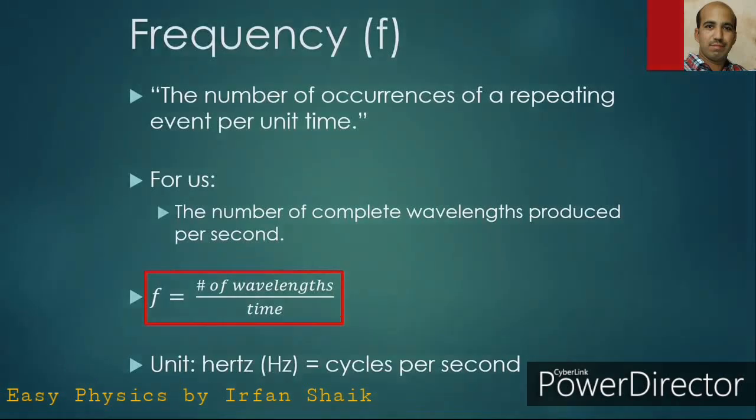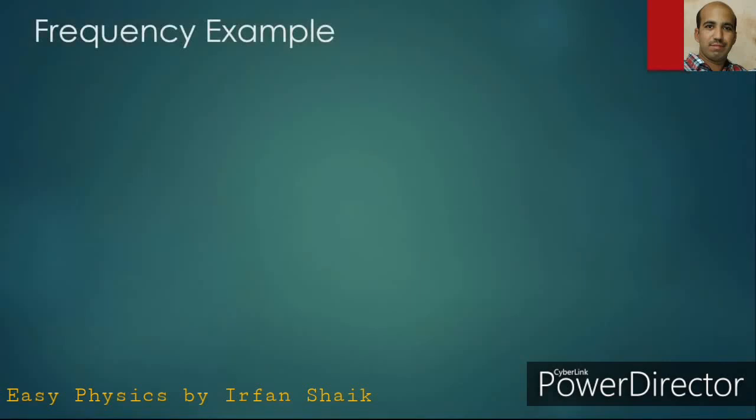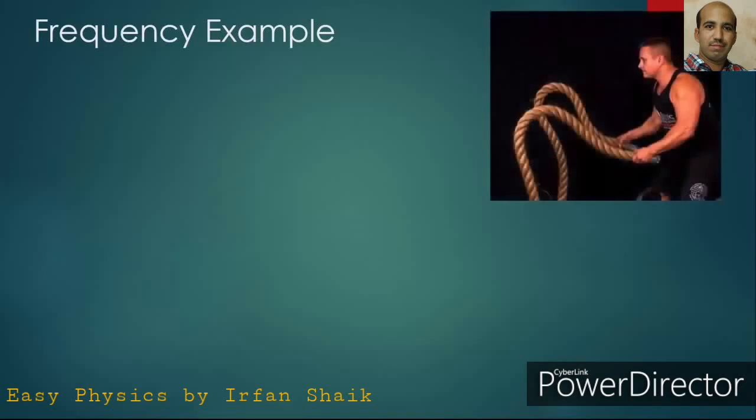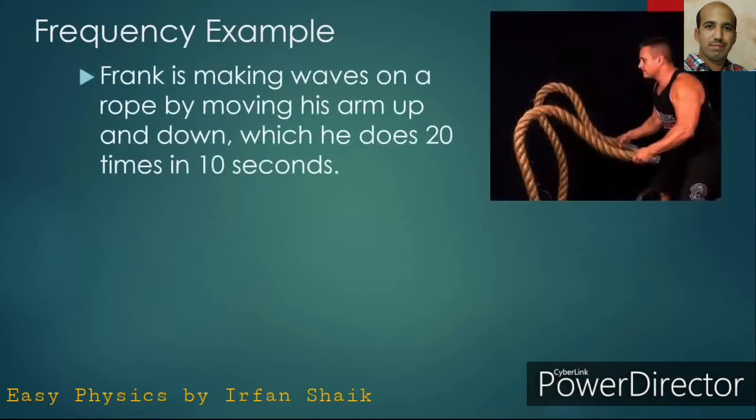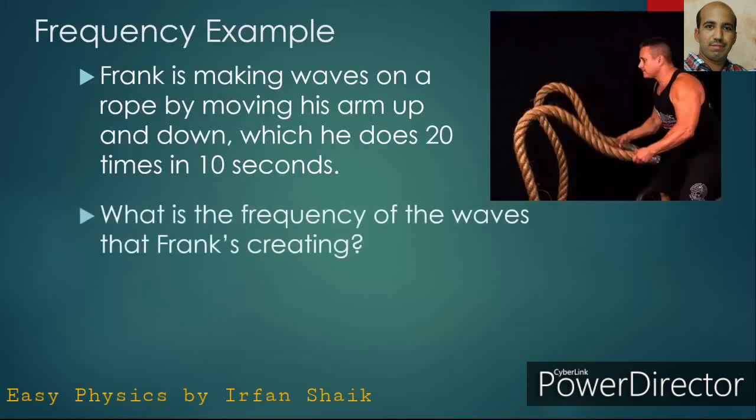Let's take an example problem. Frank is making waves on a rope by moving his arm up and down, which he does 20 times in 10 seconds. Now we need to find out the frequency of the waves that Frank is creating.